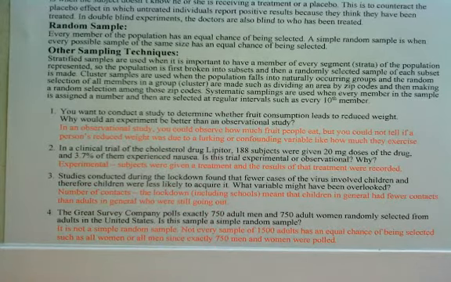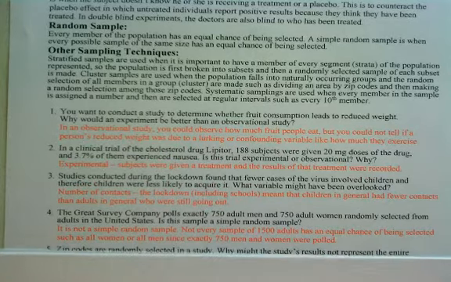But to be a simple random sample, every group of 1,500 adults has to have an equal chance of being selected. So you would potentially have all women or all men, or maybe 1/3 women and 2/3 men. All those different groups would have to have an equal chance of being selected for it to be a simple random sample.